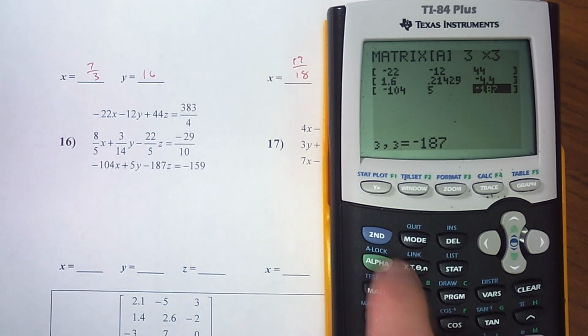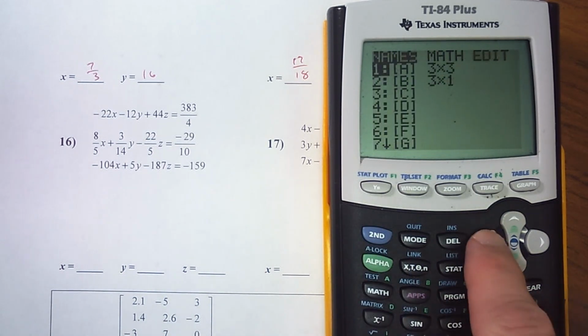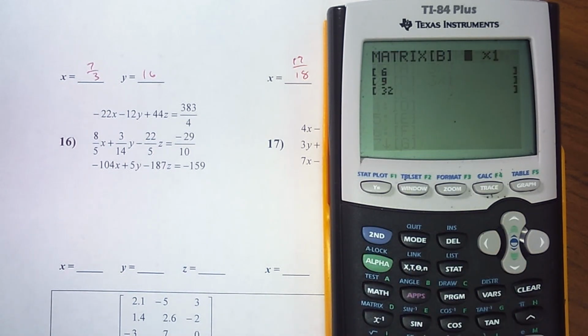And then second matrix, edit number 2. We'll keep it as a 3 by 1, 383 over 4, negative 29 over 10, negative 159.